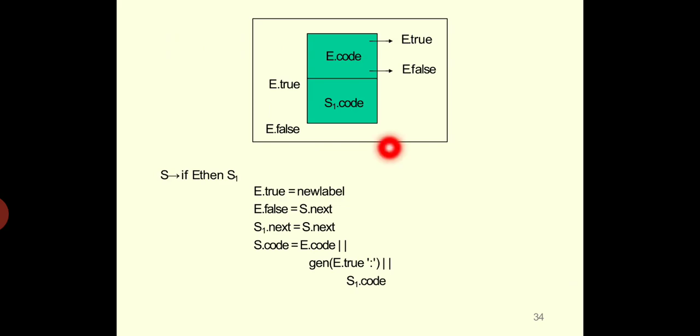Here it is explained, the code corresponding to S. It is if E then S1. So there will be two labels, E dot true and E dot false. E dot true will be assigned a new label, because while we evaluate the expression, the code will generate two labels, E true and E false.